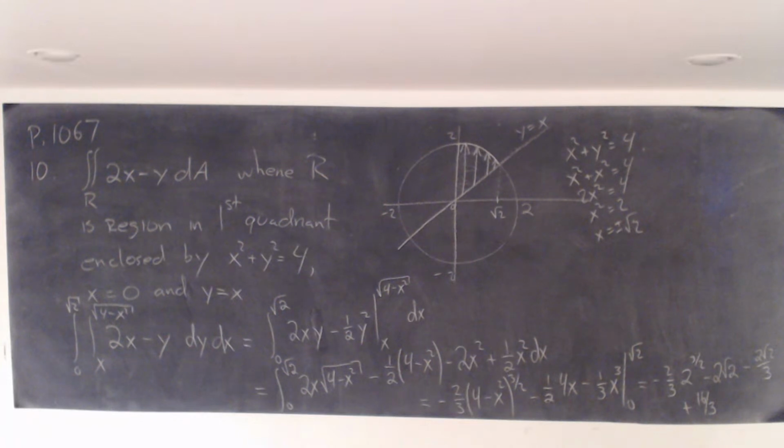All right, whatever. Does that simplify somewhat? This is 2 root 2, so that's 4 root 2 minus 2, that's 6 root 2. So that's going to be 2 root 2 minus 2 root 2, that's minus 4.